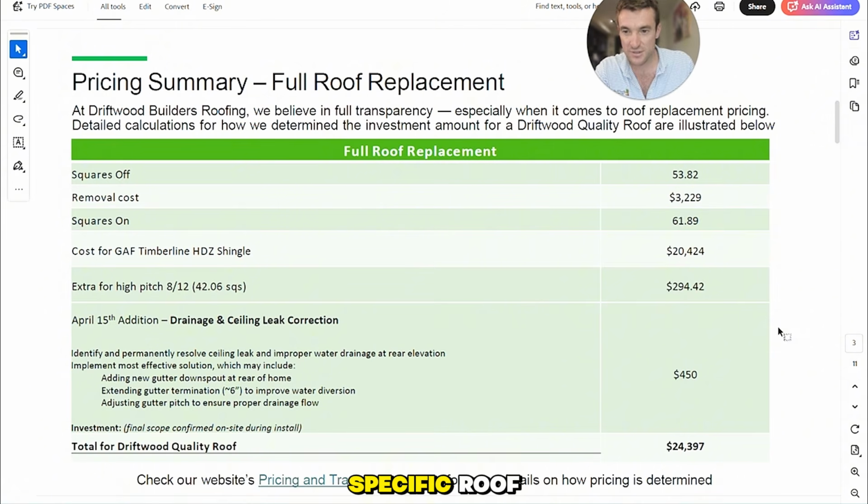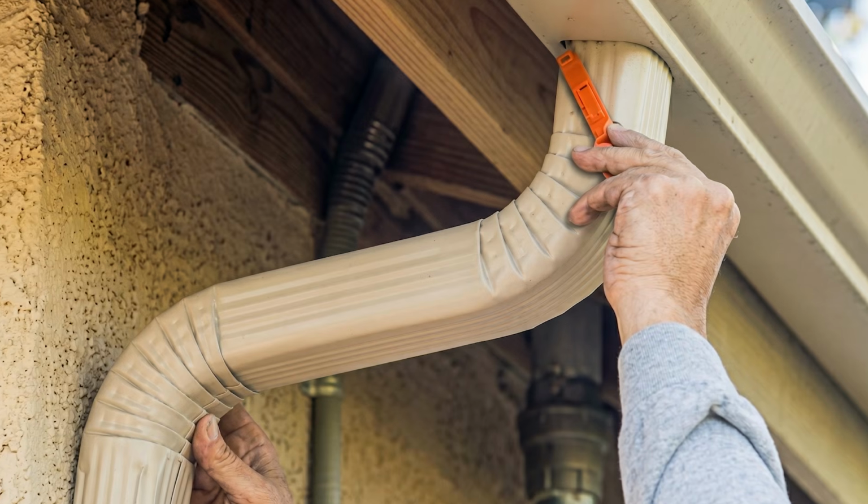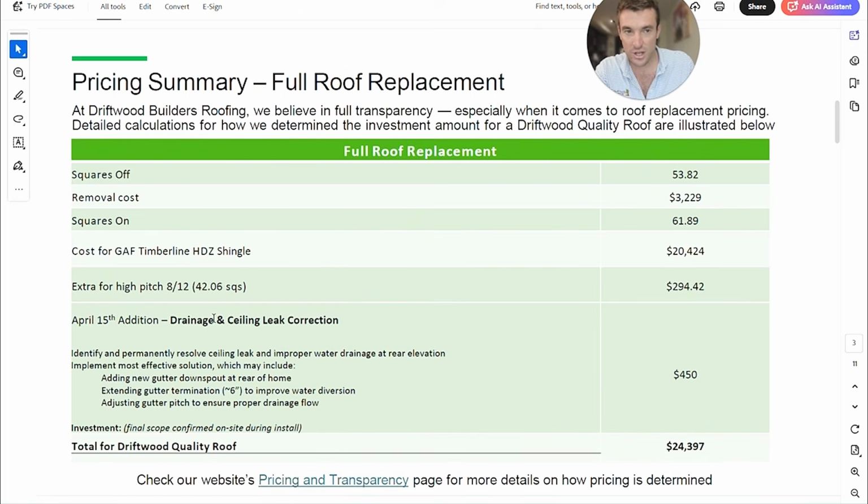So for this specific roof, we added in a drainage correction, which is we added in two downspouts at the bottom of the gutters, so that way every time it rains, it will properly drain and will solve the leak issue there. But that cost was an additional $450.